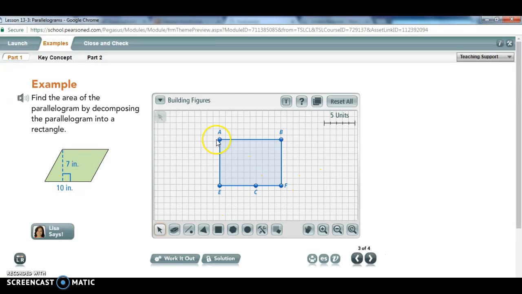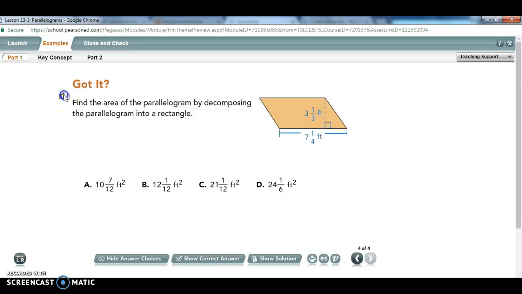Anyway, if we take that base times height, 10 times 7, we would get the area of 70. It's in inches, so I would label that inches squared. So 70 inches squared for the area. Find the area of the parallelogram by decomposing the parallelogram into a rectangle.